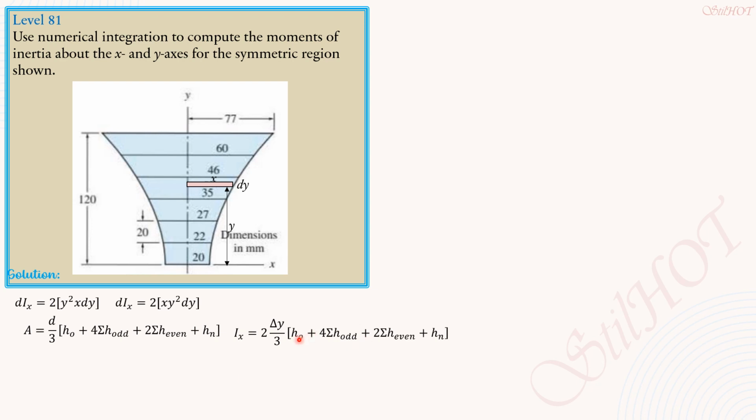So this h_o is this expression here, this xy square, where x is 20 and y is 0. Then this is n is 0, this is n is 1.